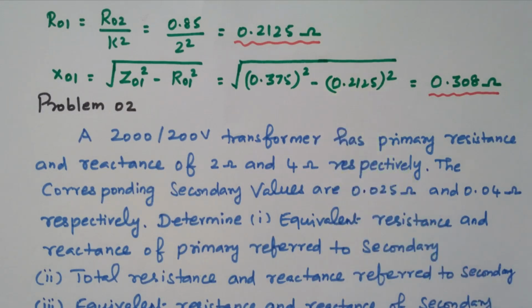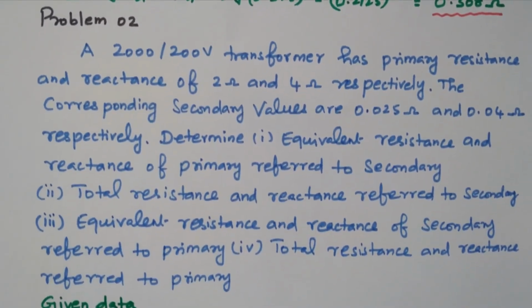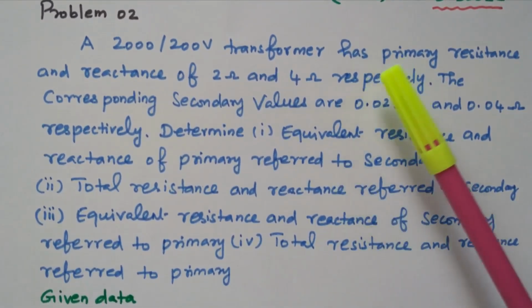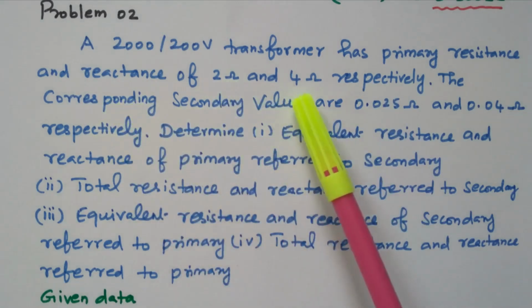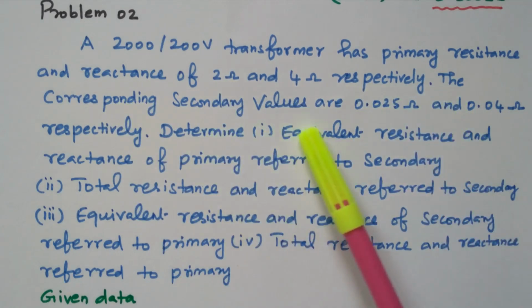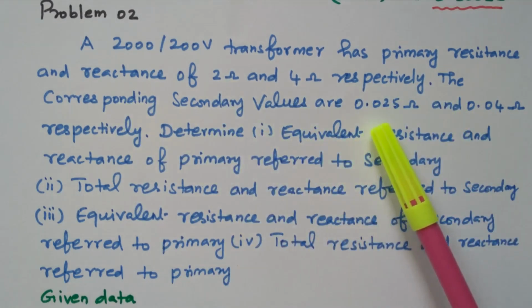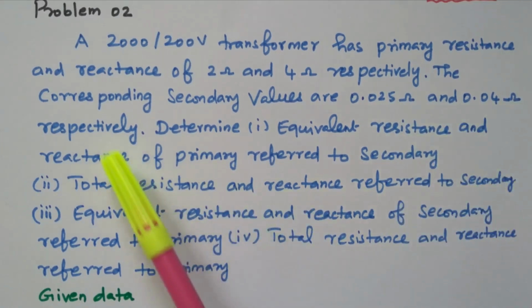Now, we will go to the second problem. A 2000/200 volt transformer has primary resistance and reactance of 2 ohm and 4 ohm respectively. The corresponding secondary values are 0.025 and 0.04 ohm respectively.